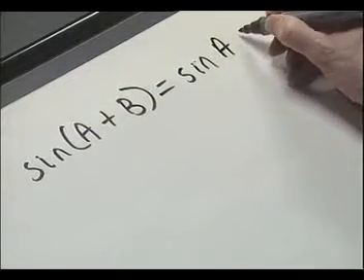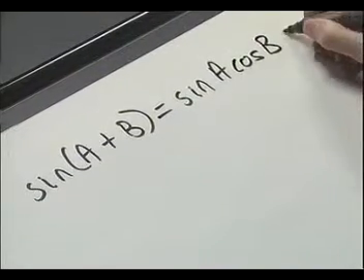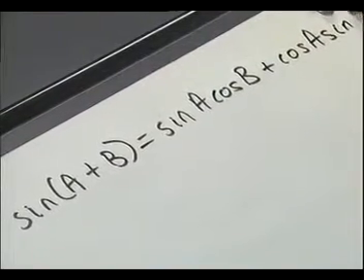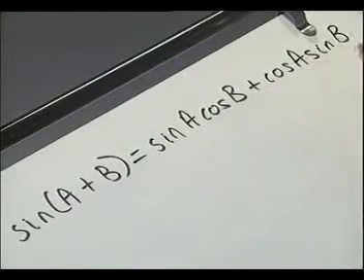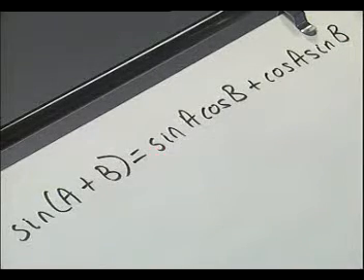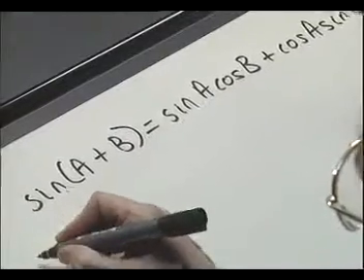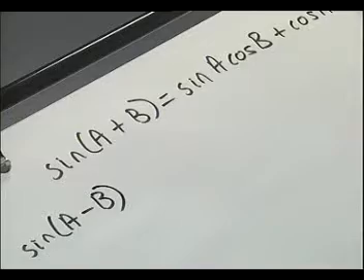This breaks down as sine A cos B plus cos A sine B. Notice in terms of remembering it, we keep the A and the B in the same order and the sines and the cosines alternate.